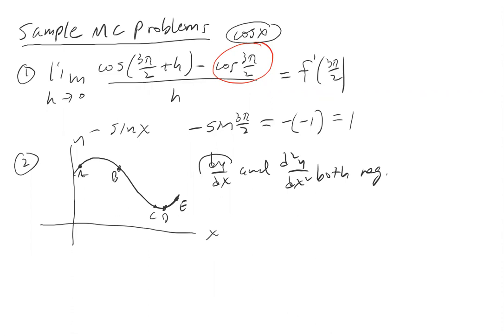If the first derivative is negative, the function is decreasing. If the second derivative is negative, that means the graph is concave down. Where on this graph is the graph both decreasing and concave down? Well, that would be at B right there, right? You just have to understand what these things mean.